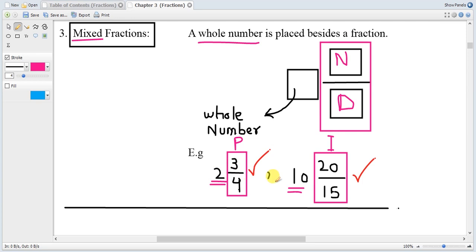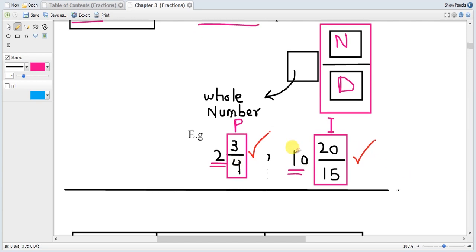So in such a case, whenever you have a whole number, a third number with it, you need not bother about whether your fractional part is the proper one or improper one. Just forget about it. If you see a third number, just name it as a whole number, right? There is no need to pay attention to the fractional values, numerator and denominator. I hope you got the concept.